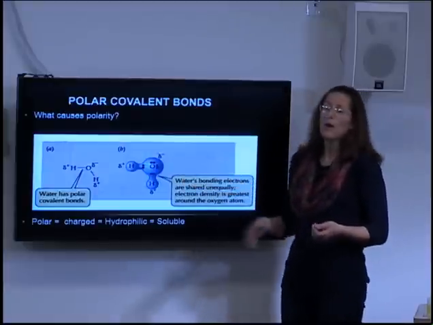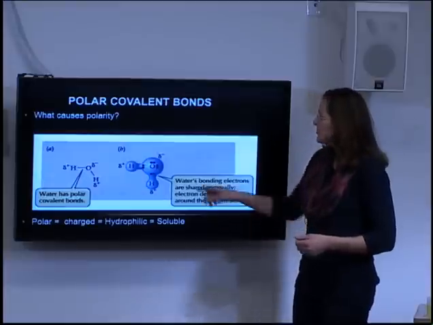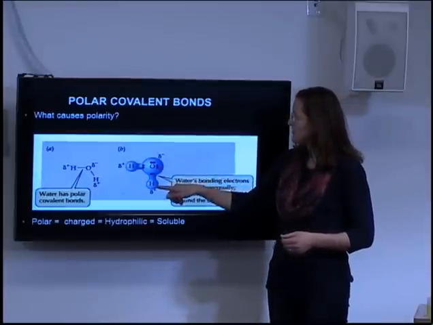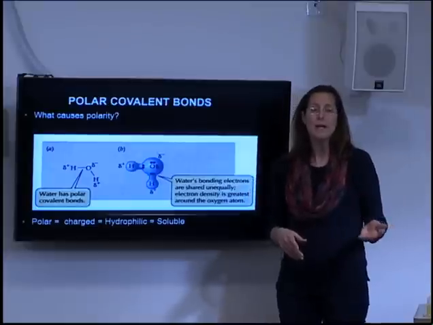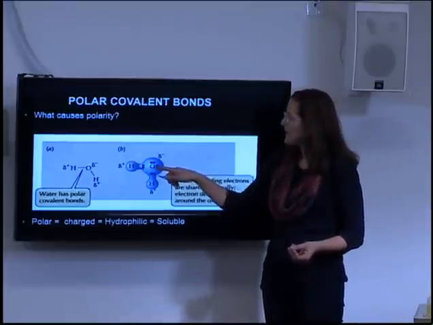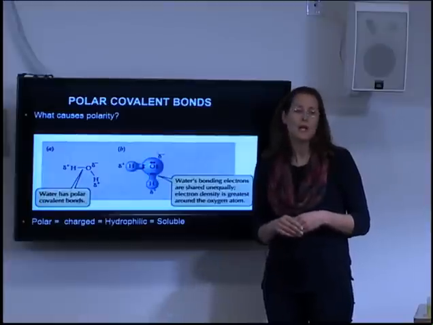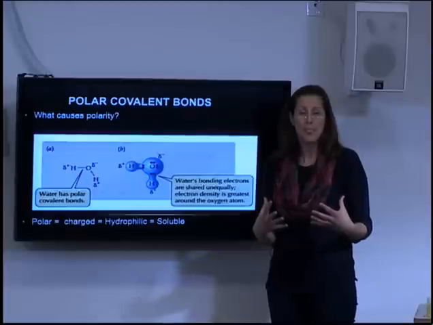And so if we look at water itself, it is polar. And the reason it's polar is because there's a really big proton difference between the oxygen atom and the hydrogen atom. So what ends up happening is because oxygen has more protons, and that's positive, right?